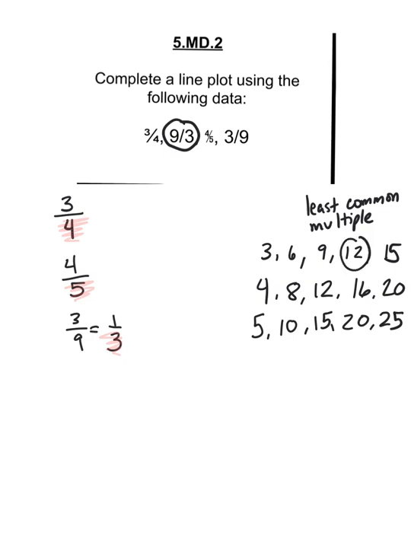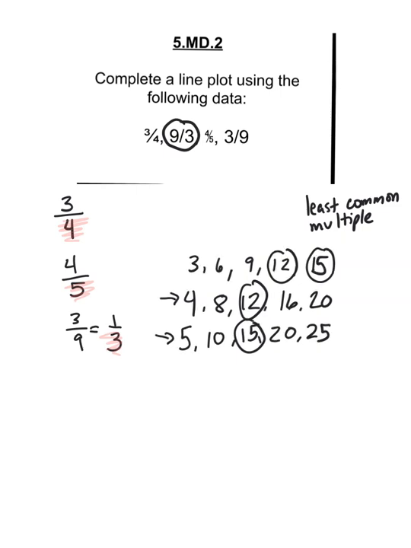Now, I would say 12, but I don't see a 12 on here. Let's see. And I see 15 on these 2 lists, but I don't see a 15 on this list. So that tells me I'm going to have to keep going. Let's see, 18, 21.